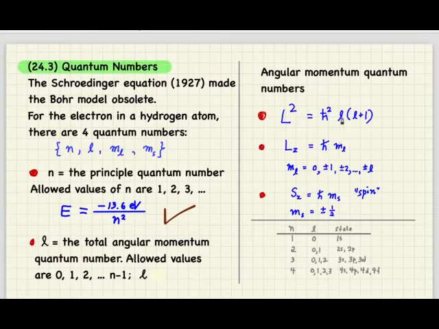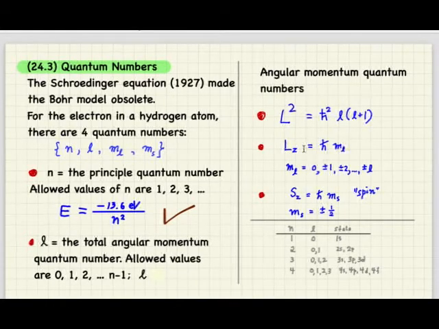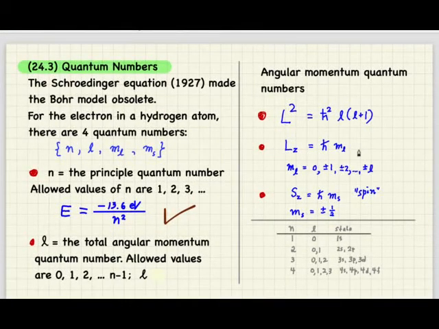So in the Schrodinger equation, you have to decide on some direction to define as the Z direction, and then the Z component of orbital angular momentum is quantized in units of h bar. It's reminiscent of the Bohr model, but it's more complicated. And what are the possible values of M sub L?